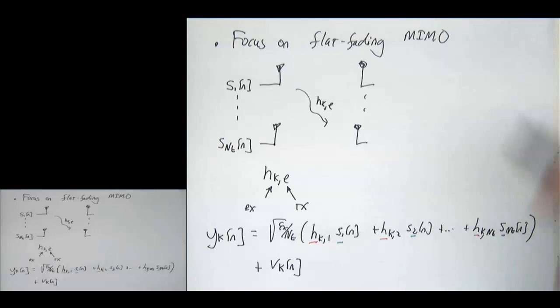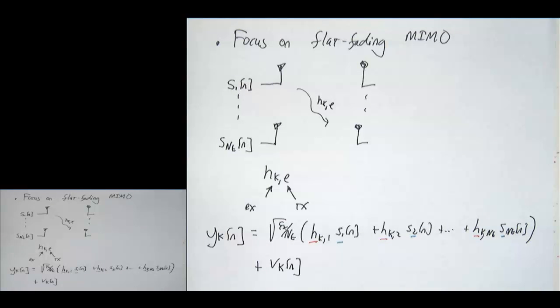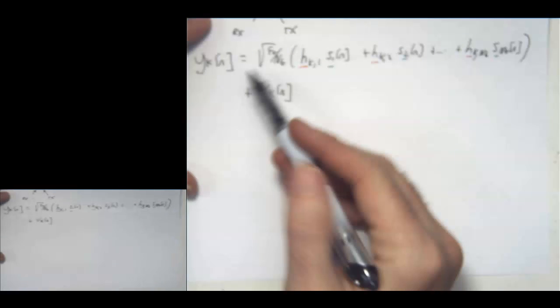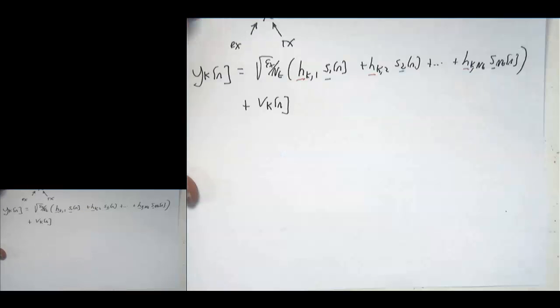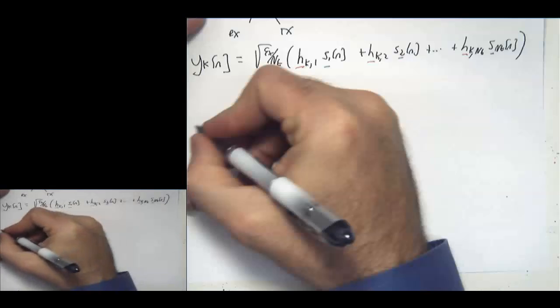Now, to formalize this, it makes a lot of sense because this is an equation in the unknowns S1 through S of nt. We're going to find it useful to write this as a linear system using vector and matrix form. So what we're going to do is take these observations and stack them into an equation here.